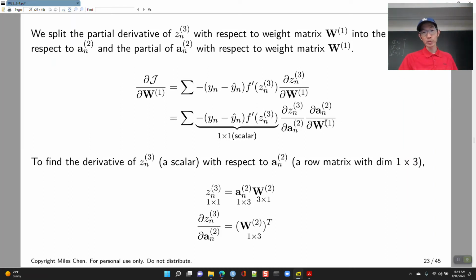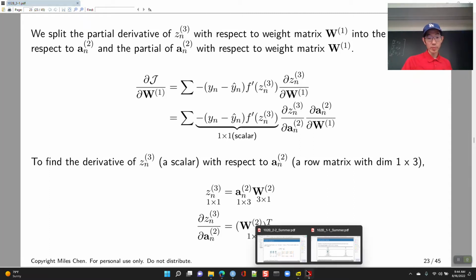For the previous work, we said, how does Zn change with respect to W2? Well, now we're asking, how does Zn change with respect to An? So if Zn is the product of A2 times W2, the gradient of this with respect to A, changes in A, is going to be W2 transpose.